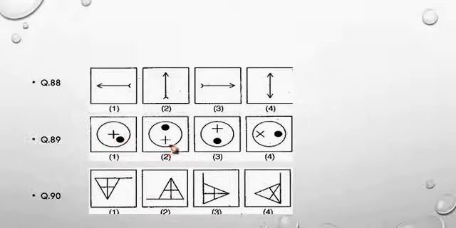In option 2 there's a plus sign and a dot. In option 3 there's a plus sign and a dot. So options 1, 2 and 3 look similar, but in case of option 4 there's a black dot, but in place of the plus sign there's a multiplication sign. So option 4 is standing out as the odd man out figure.